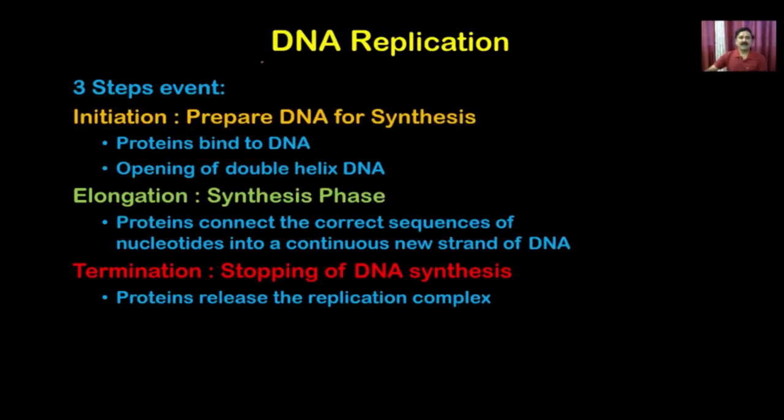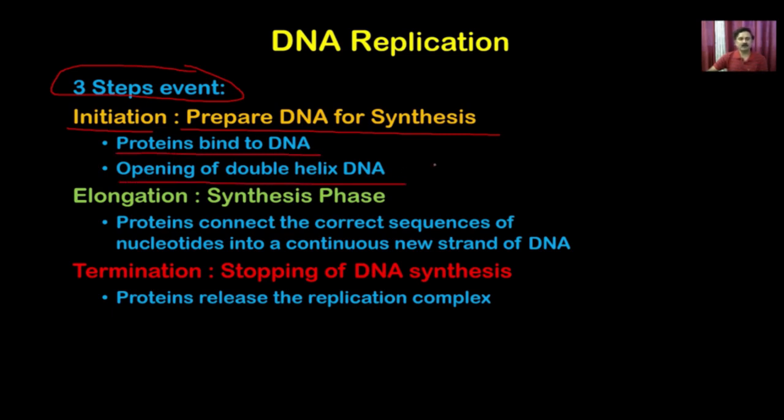DNA replication has three events. One is called the initiation. In the initiation, the DNA is going to be prepared for the synthesis. In the initiation phase, proteins are going to bind to the DNA, and then the DNA is going to open to form single stranded DNA. So you know the DNA is a double helical structure.